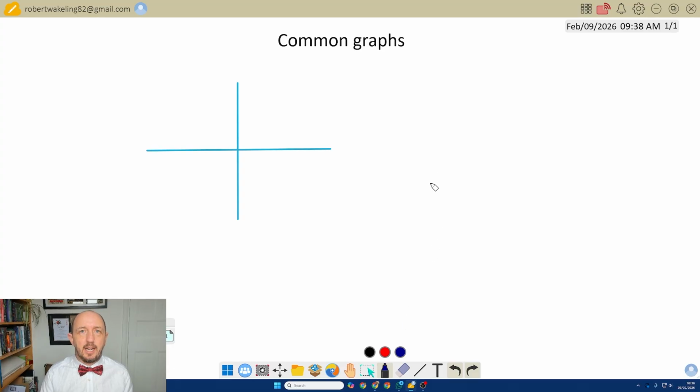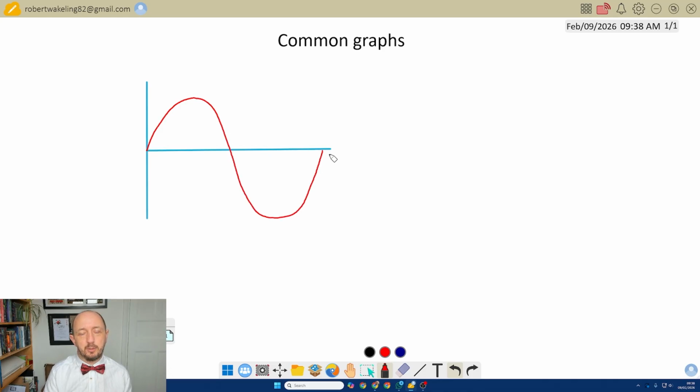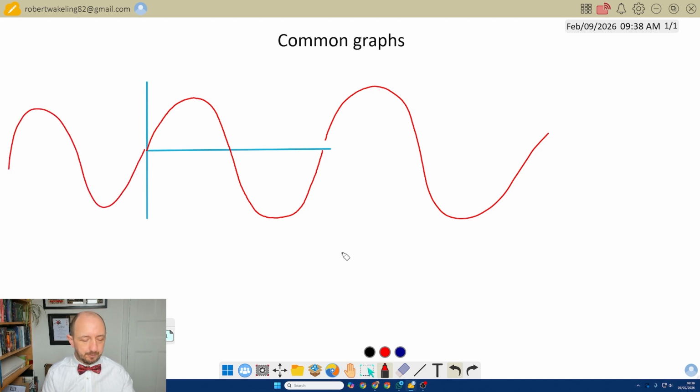And we also have the 3 trig graphs. Okay, sine, cos, and tan. So with this, we only need to know between 0 and 360, but we should be aware that this kind of continues forever in both directions.